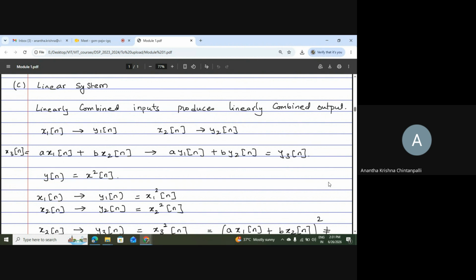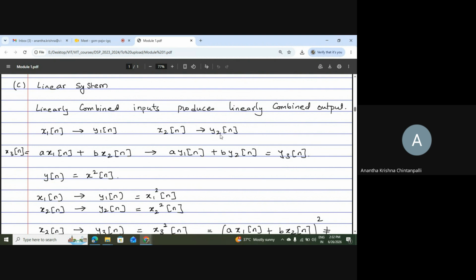Okay, so what does this mean? For that, what we have to understand is linearly combined inputs. Linearly combined inputs meaning that I need to have two inputs. Let's assume that the input is x1 and another input is x2. So x1 of n produces y1 of n. x2 of n produces y2 of n.